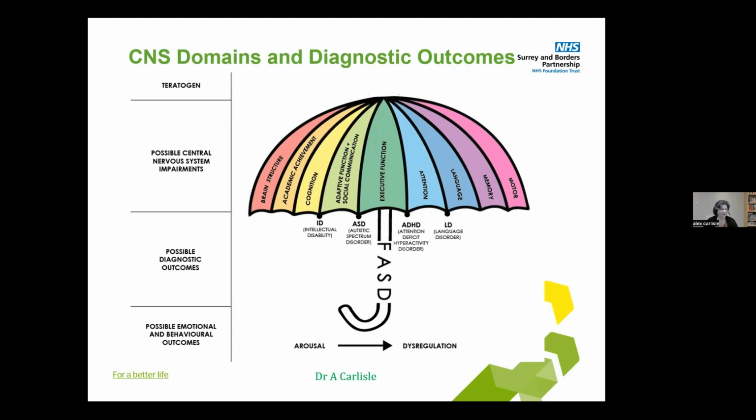So this is how I see them as fitting together: the central nervous system domains are like the panels of the umbrella, and the tips of the umbrella are where you might have enough information. Picking out attention and executive functioning, you might have enough information that ADHD criteria are met, or you might have enough information from assessing the domains to see that ASD criteria are met.